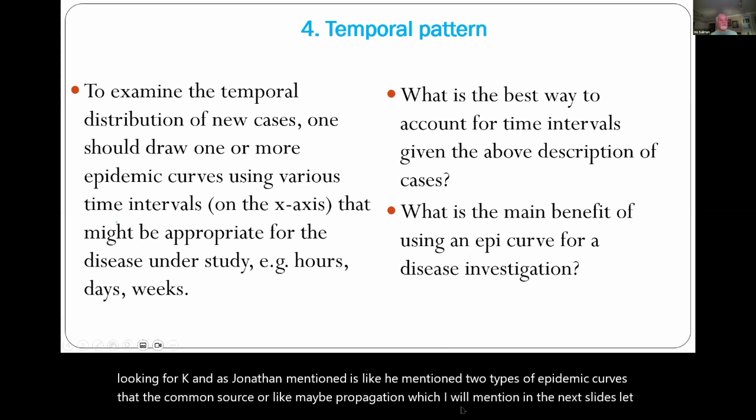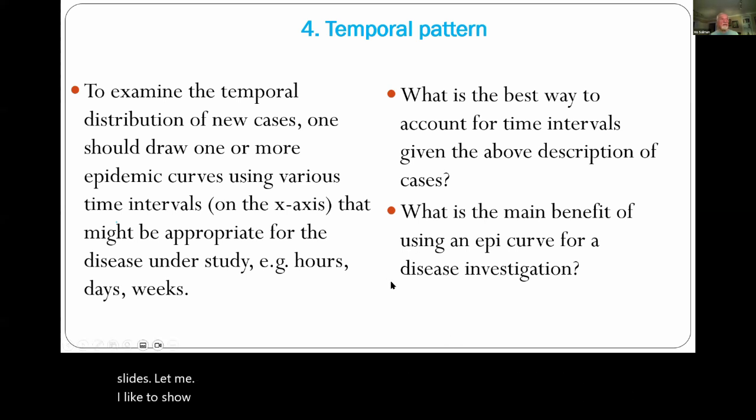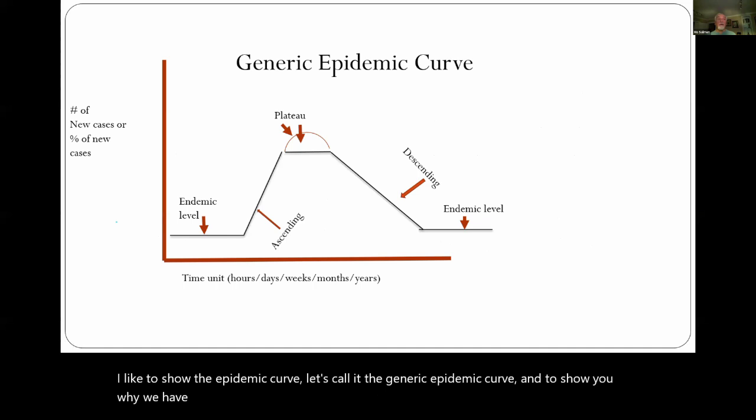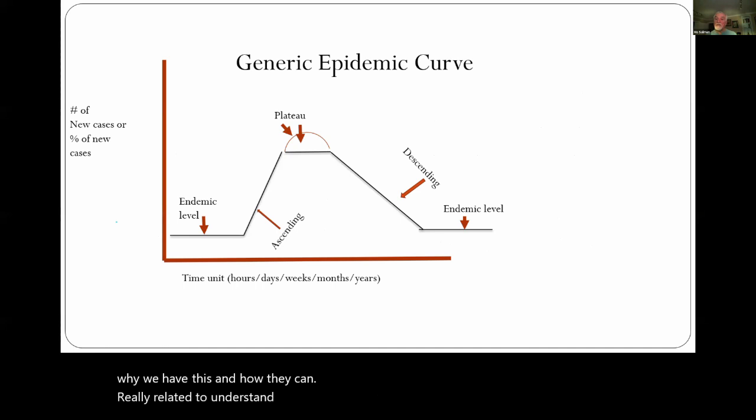I like to show the generic epidemic curve, and to show you why we have this and how it relates to understanding the disease spread, the disease speed, but also to identify if you have a common source.